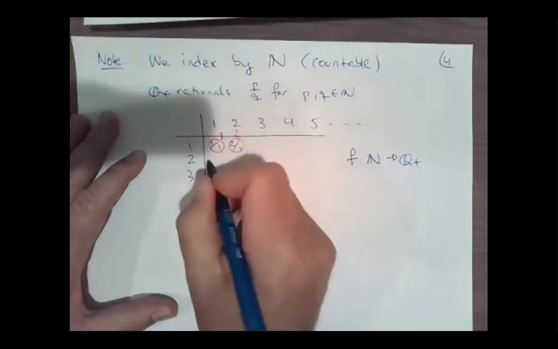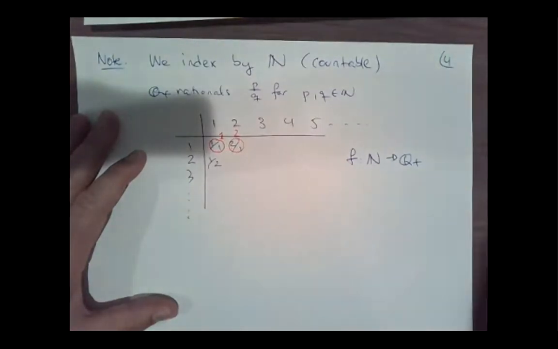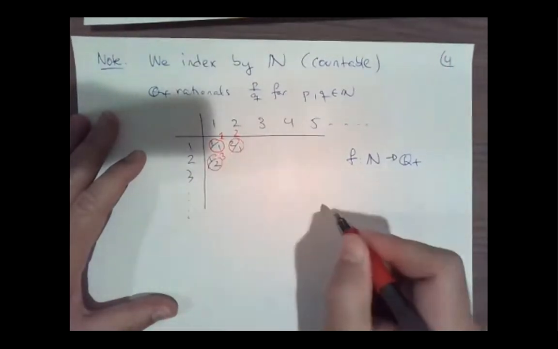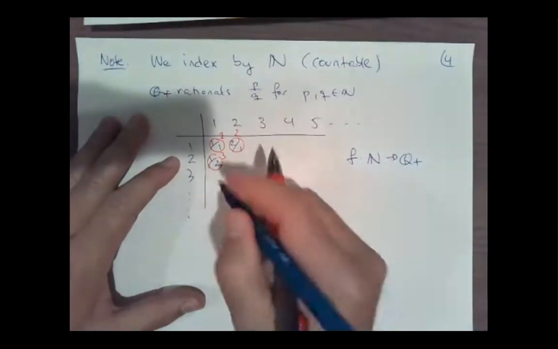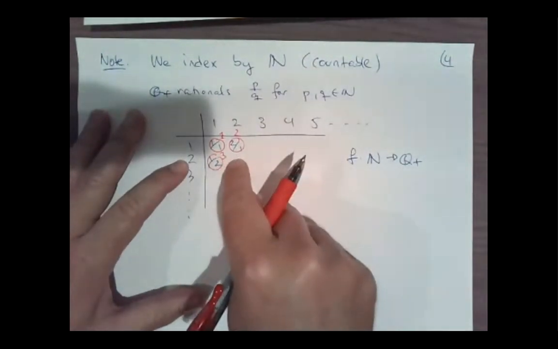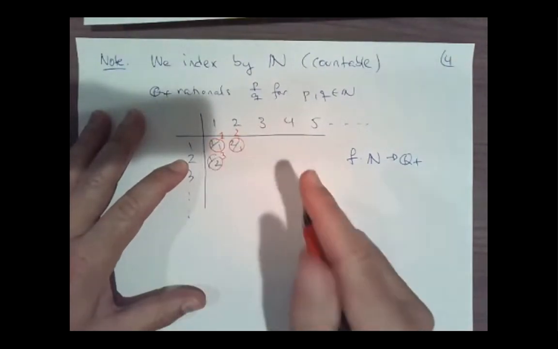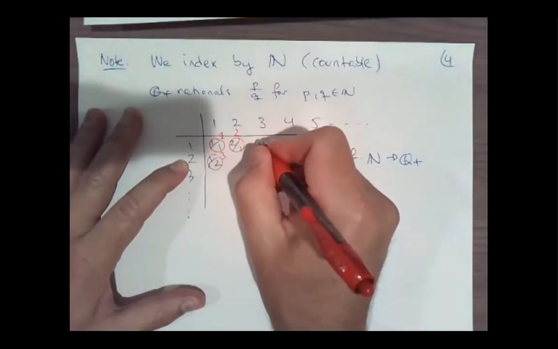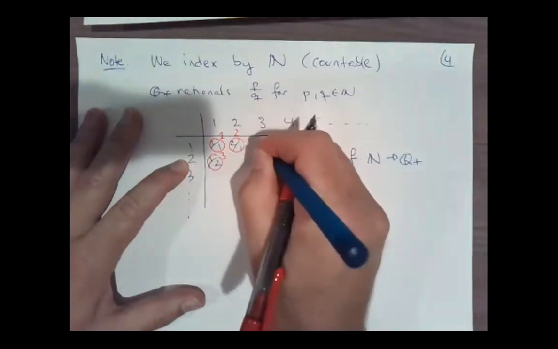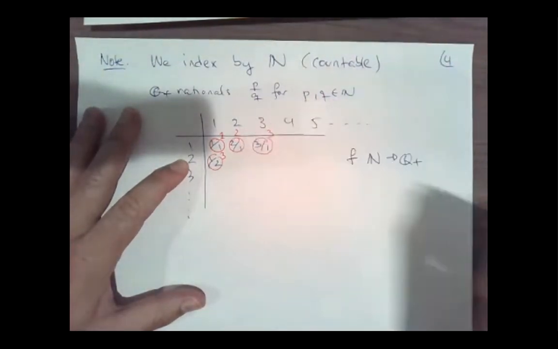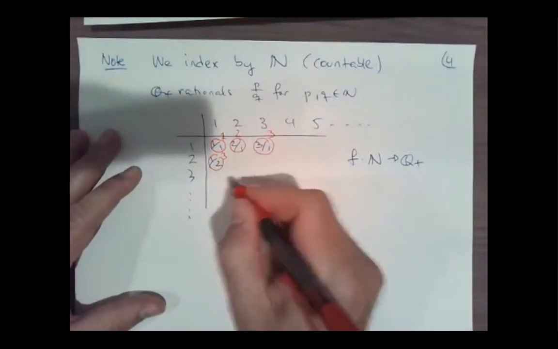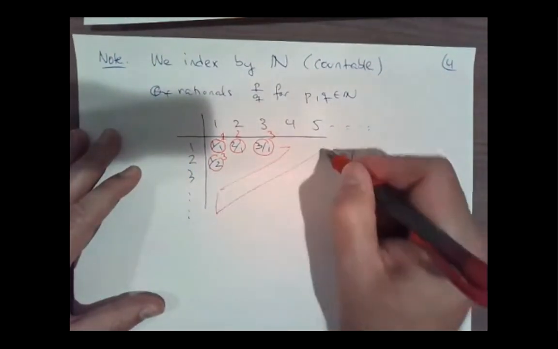Here, 1 divided by 2 is going to be my number 3. I scooch 1 over. Maybe I already had that one: 2 divided by 2 is the same as 1, so then I scooch up here. This is 3 divided by 1, and this will be 3. And so on. Then you go over, and keep going like this.